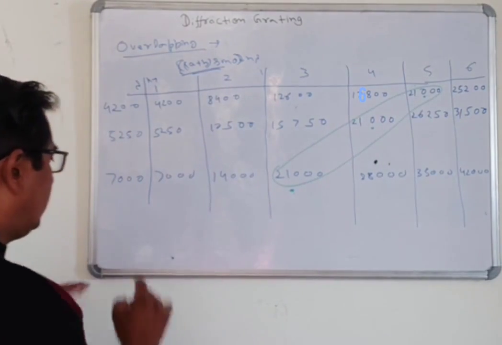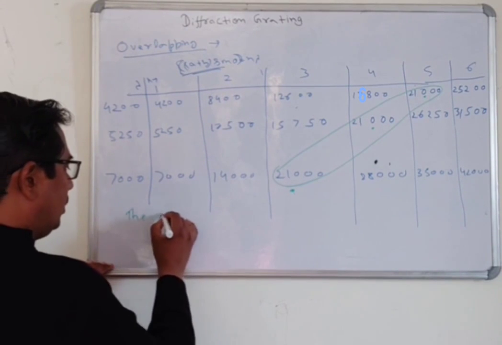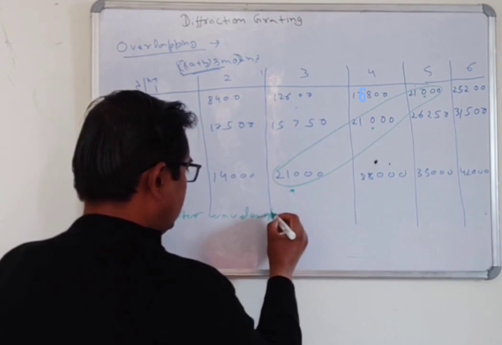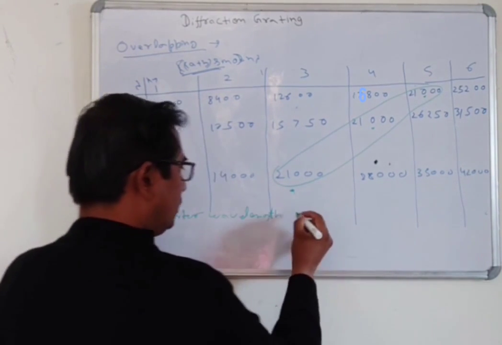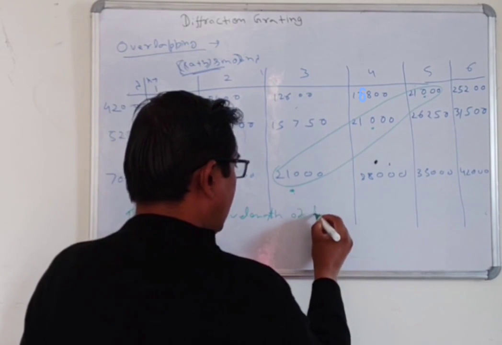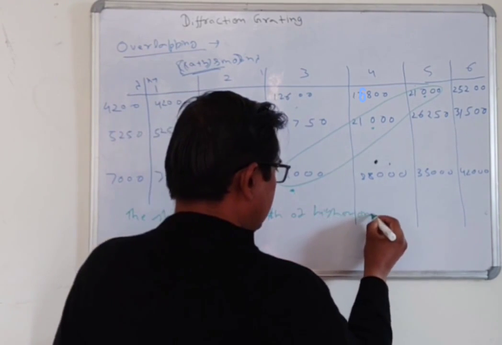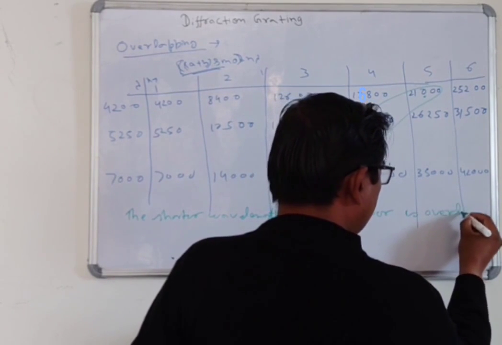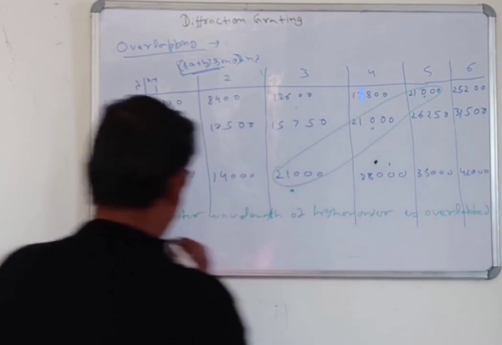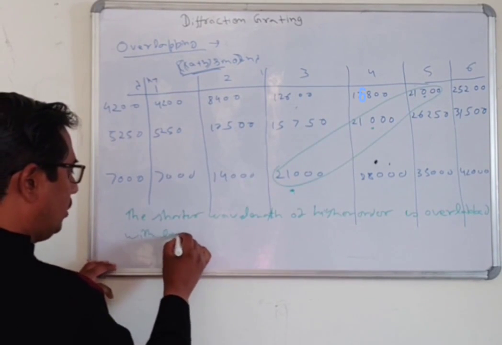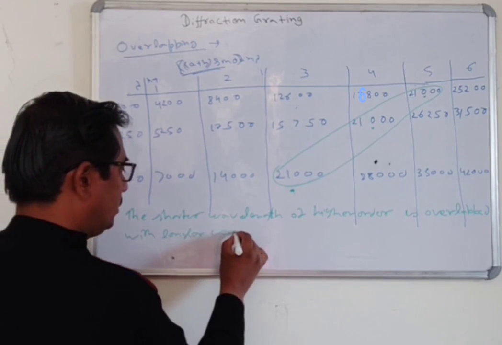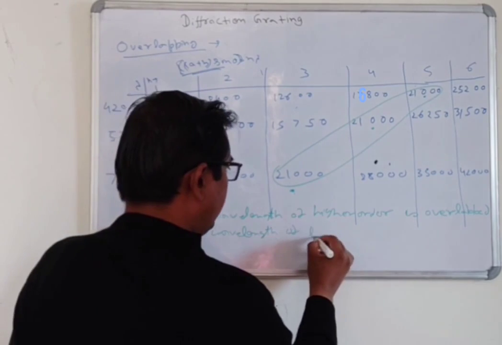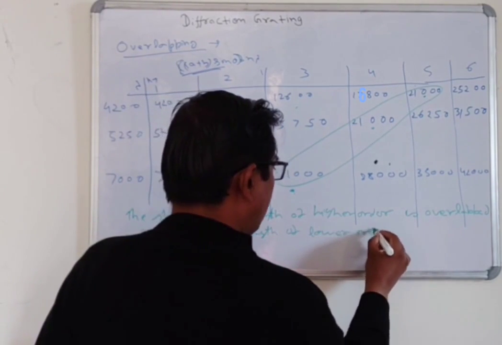It means that the shorter wavelength of higher order is overlapped with longer wavelength of lower order.